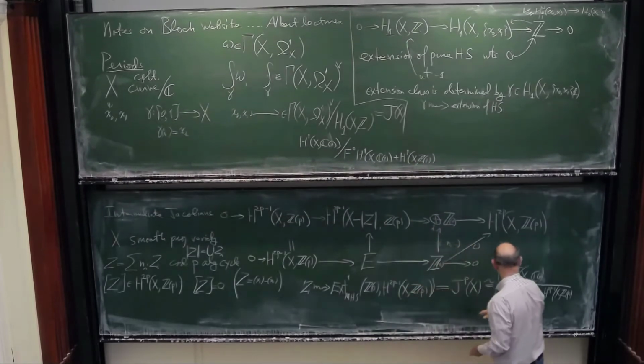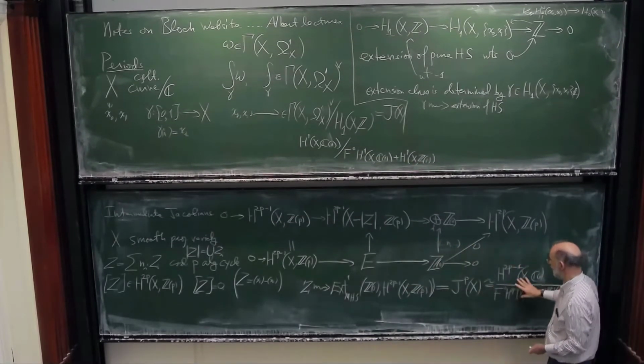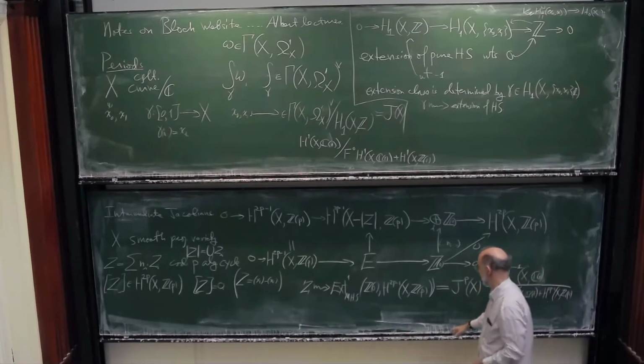So similarly here, we get this intermediate Jacobian, and we get these isomorphism classes.